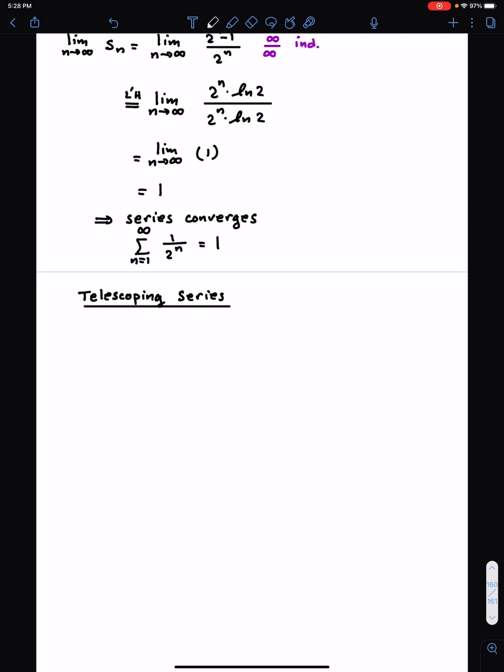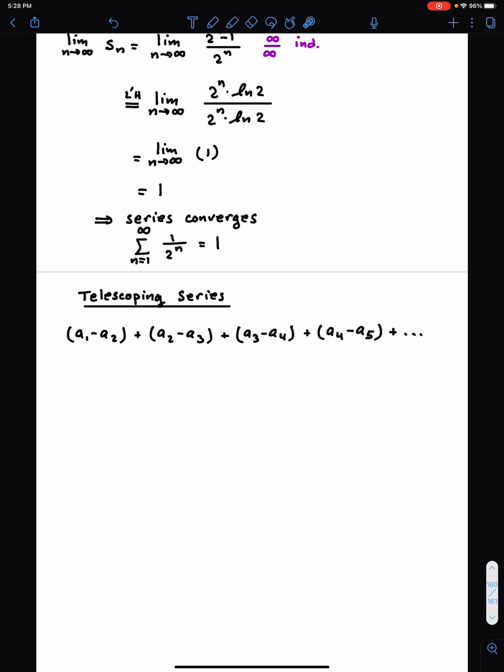Telescoping series. A1 minus A2 plus A2 minus A3 plus A3 minus A4 plus A4 minus A5.